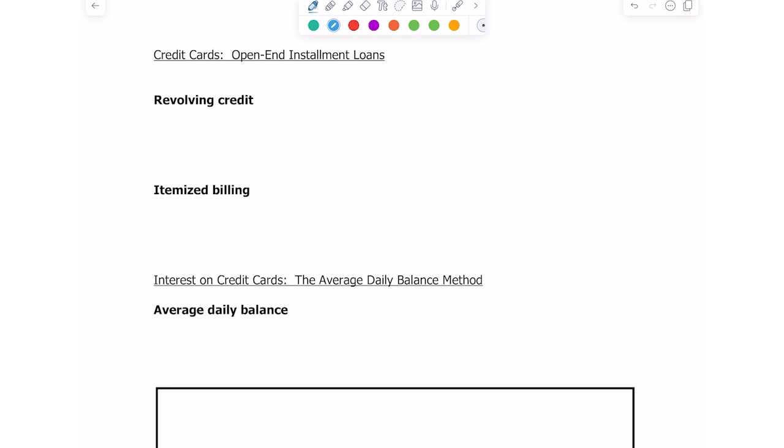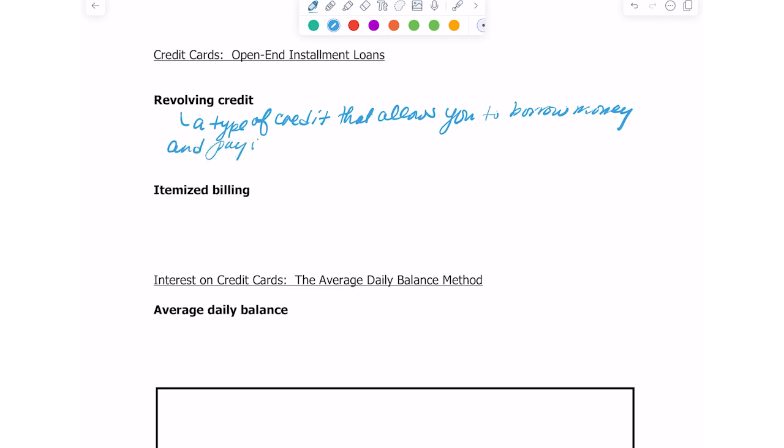You might hear the term revolving credit, which is a type of credit that allows you to borrow money and pay it back over time while retaining access to the line of credit.